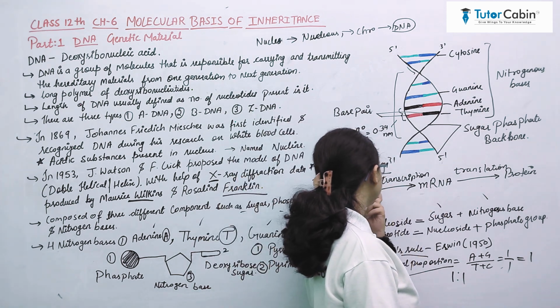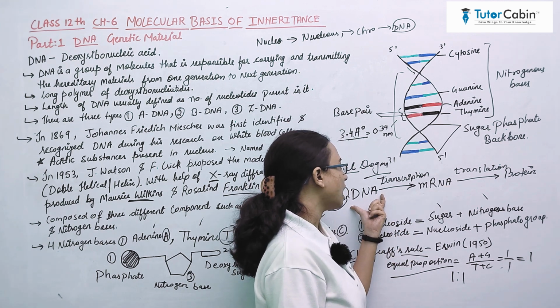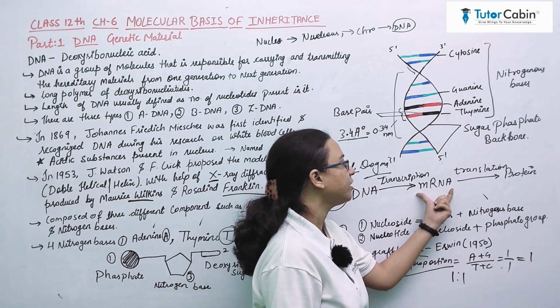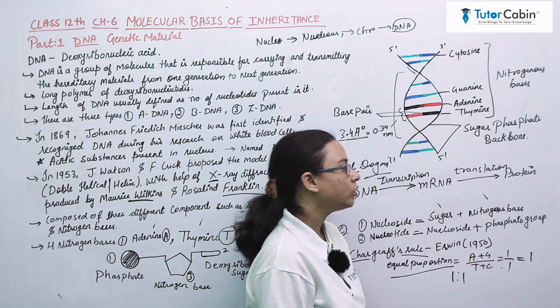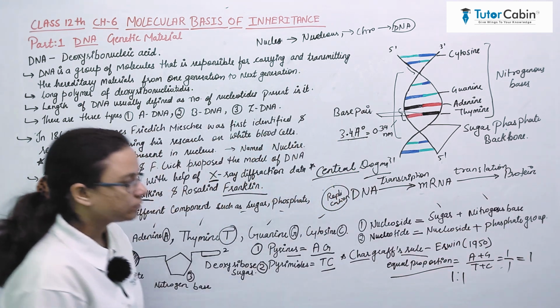So DNA forms RNA with the help of transcription, and RNA forms protein with the help of translation. So DNA is involved in the production of protein.